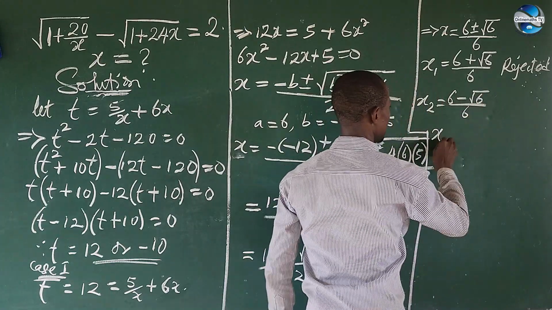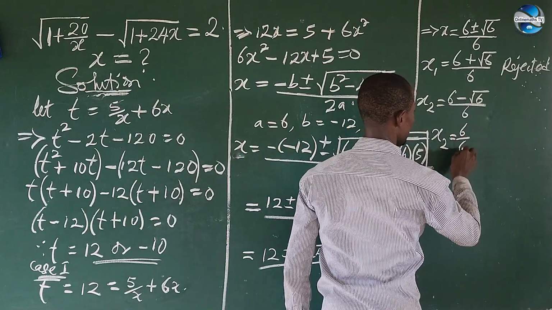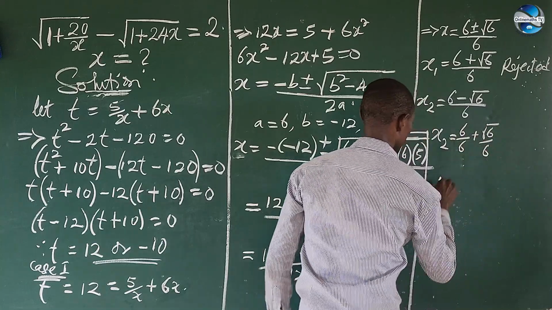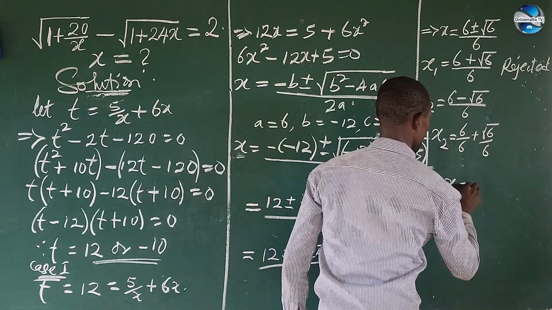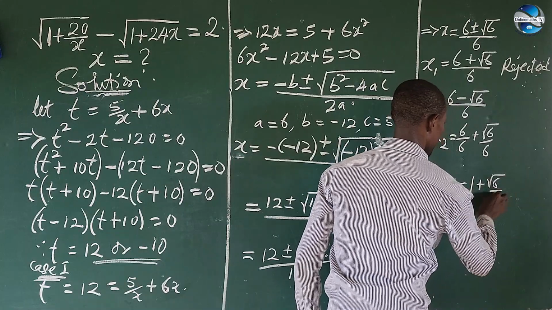If we simplify this down, then x2 is equal to 6 all over 6 minus root 6 all over 6. So therefore we have our x2 is equal to 1 minus the square root of 6 all over 6.